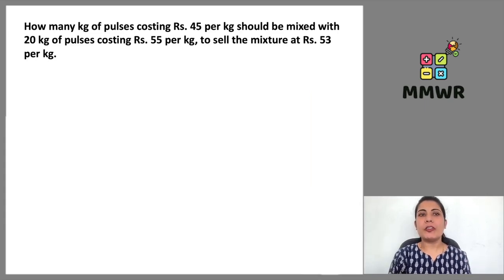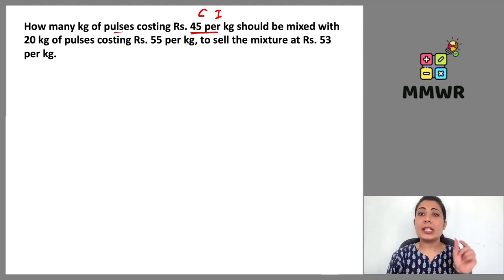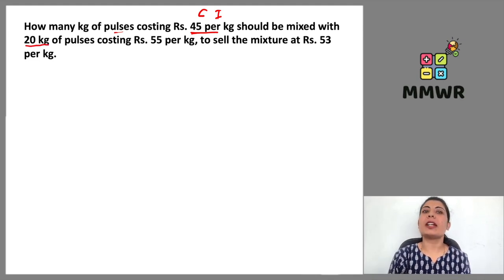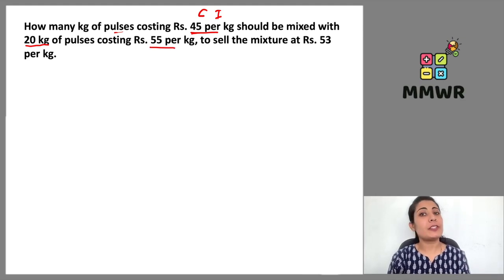So how many kg of pulses, that means dal, is there, for which the cost is given? This is the first type of dal, which costs rupees 45 per kg. It has been mixed with another type of dal, of which we have taken the quantity 20 kg, and this costs rupees 55 per kg.